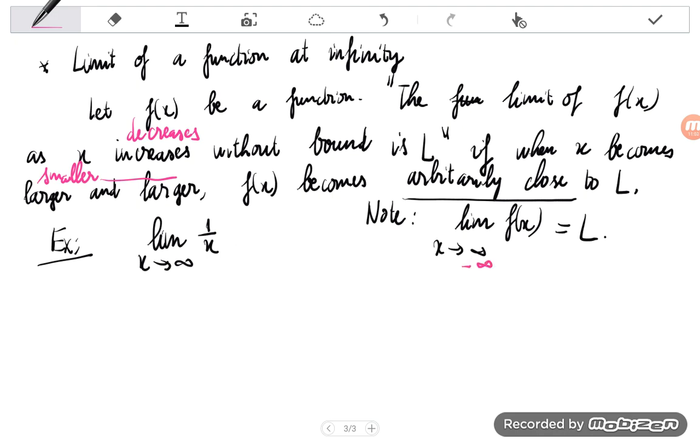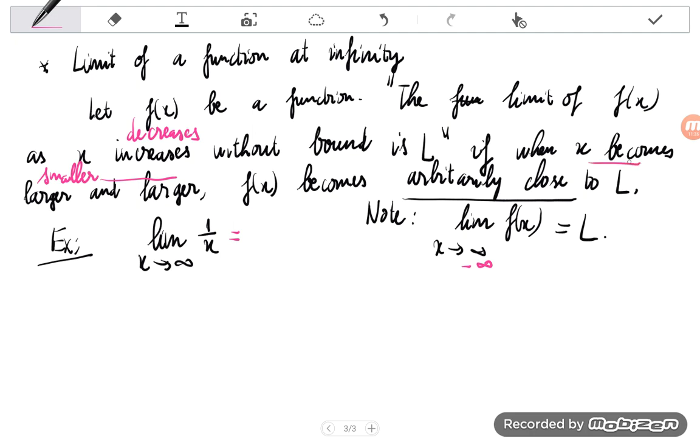Okay, and now we can see the example again. We consider the limit of the function 1 over x when x tends to infinity. What is that value? You can try to use the definition to find this limit.